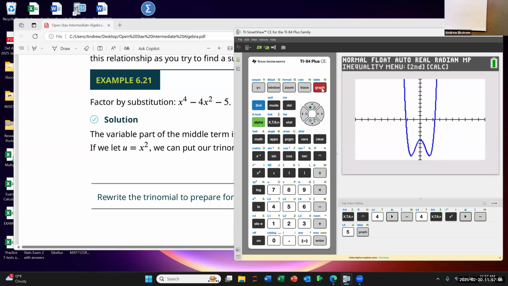Looking at the graph that we've got here, we should have 4 different answers for x. One is here, one is here. So these are the only 2 real answers you can get. This is telling you that there's a complex answer that we're dealing with.